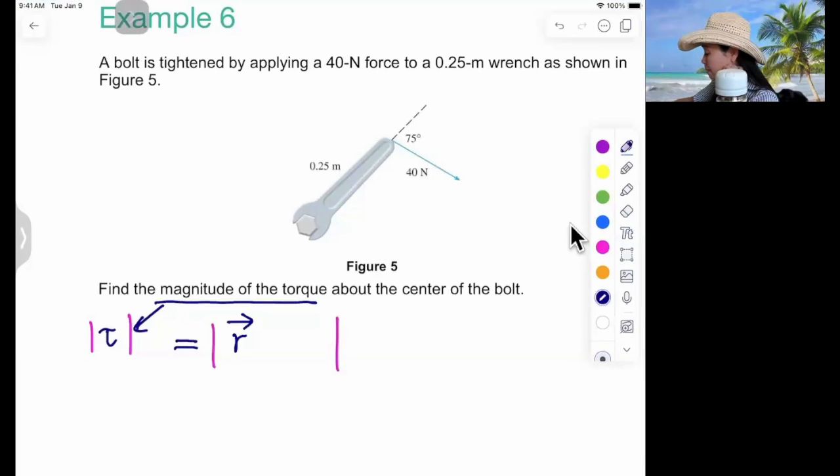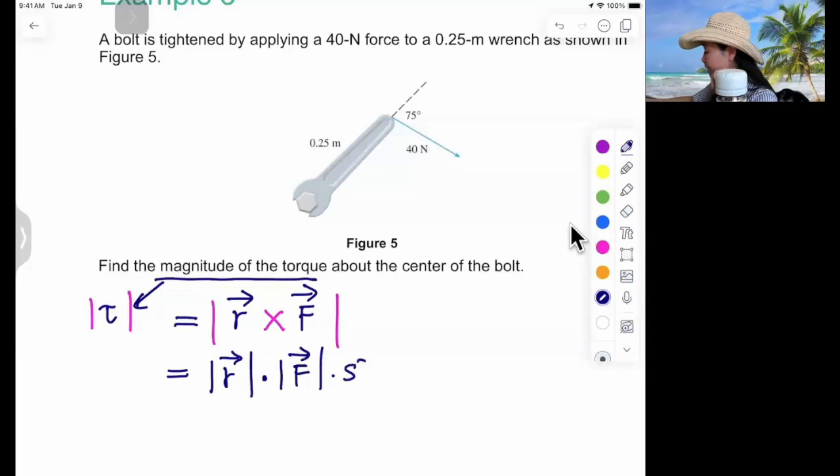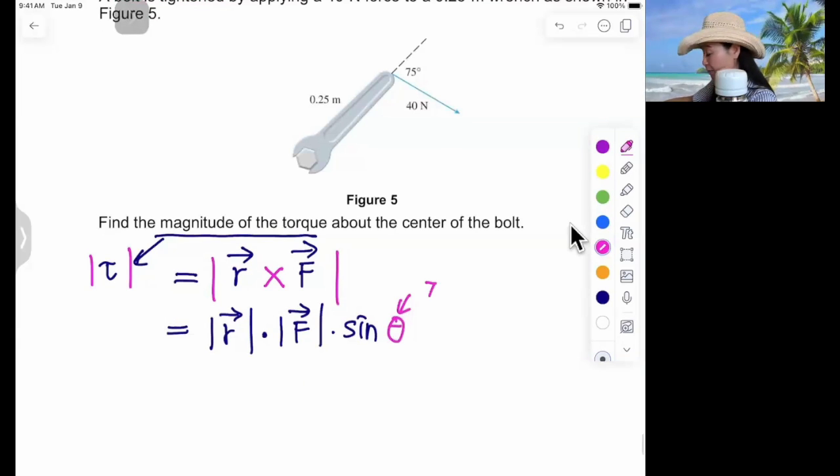R cross F, right? Very good. Let's get to the next step. How do you find the magnitude of the cross product? That will be magnitude of R, and then times magnitude of F times what? Sine of theta, right? In this case, what is the theta? Yeah, 75 degrees, right? Good.